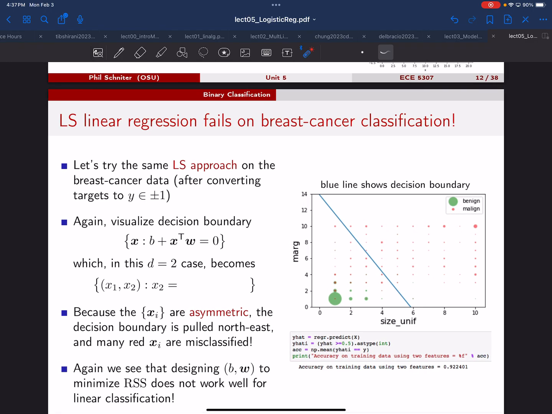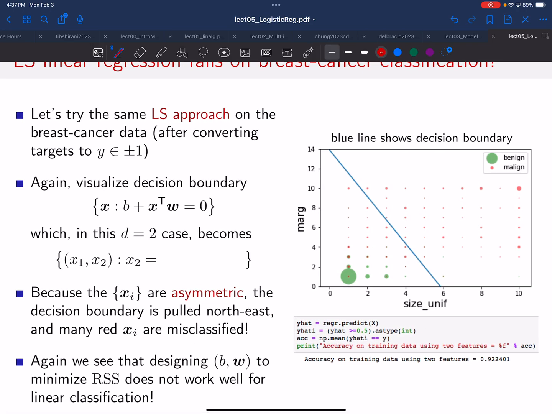So, okay, for the decision boundary, what we can do for this problem is actually write an equation for this line as minus b over W2 minus W1 over W2 times X1.